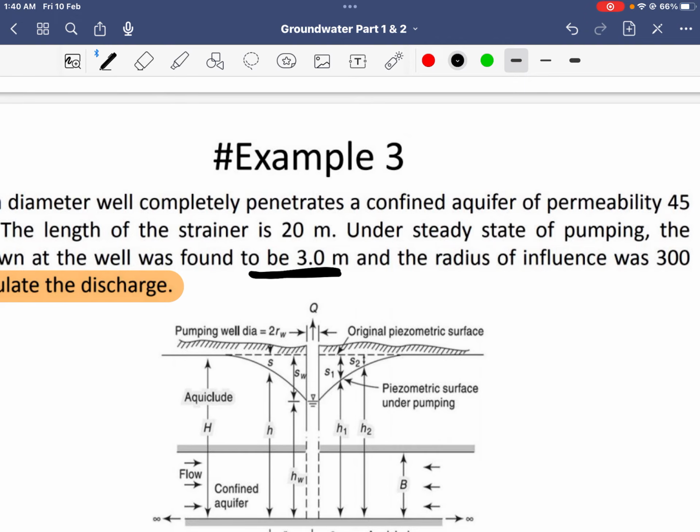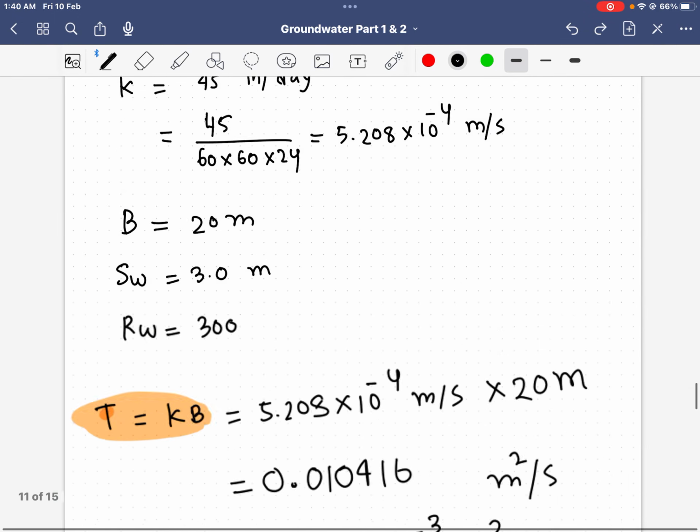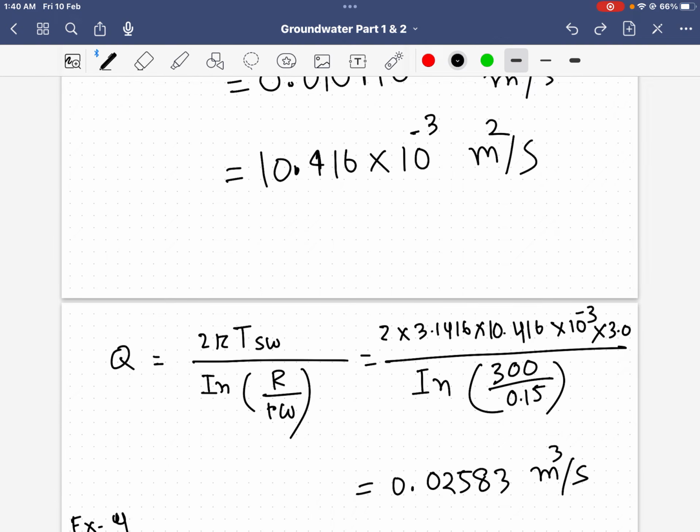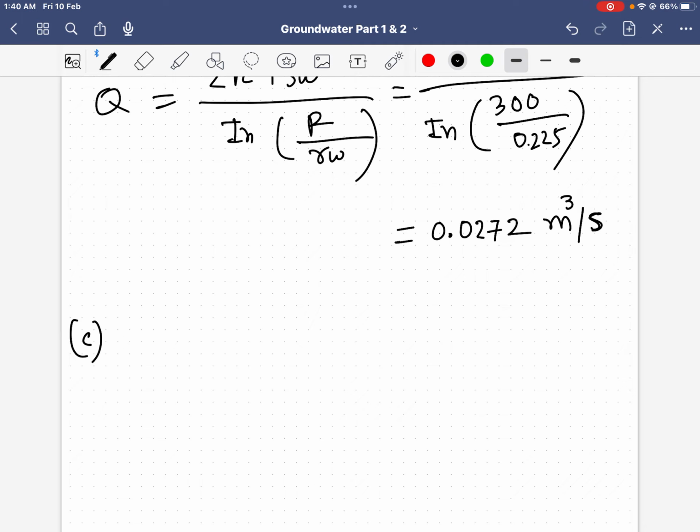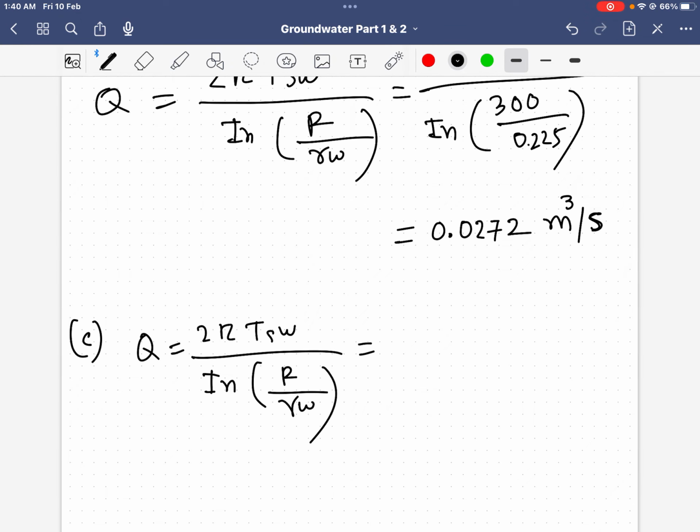So Q equals 2 pi T Sw divided by ln R over Rw. That is 2 times 3.1416 times the transmissibility 10.416 times 10 power negative 3 times.